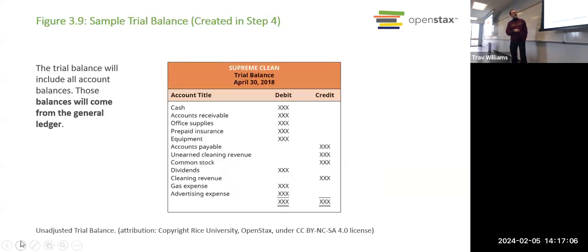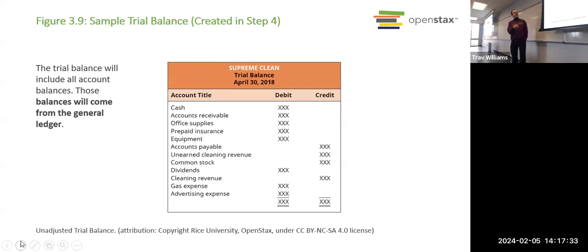Here is a trial balance. So this would be step 4. If we took every account balance and put them here on the trial balance. So we see at this point, cash has a certain amount of money. I told you cash is always going to have a debit balance, right? Because you can't have negative cash. Now, we start off with the asset accounts, right?